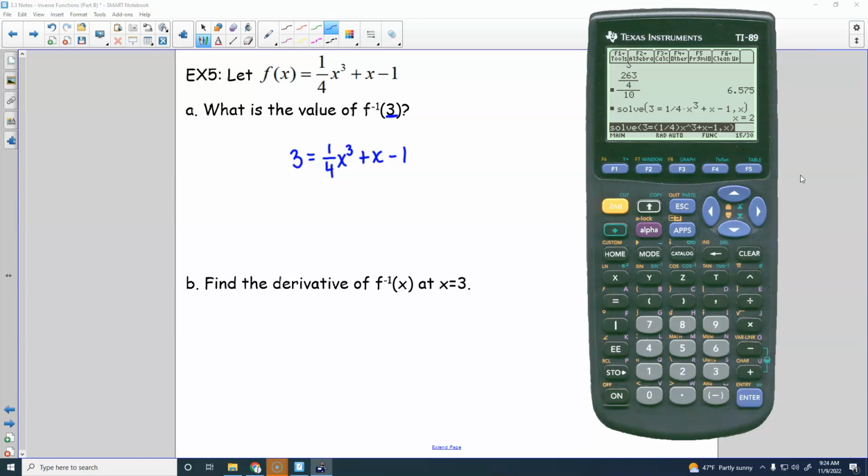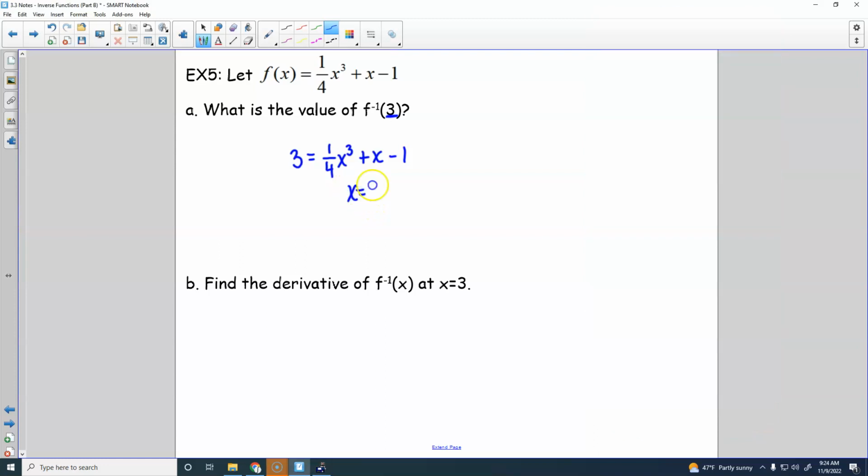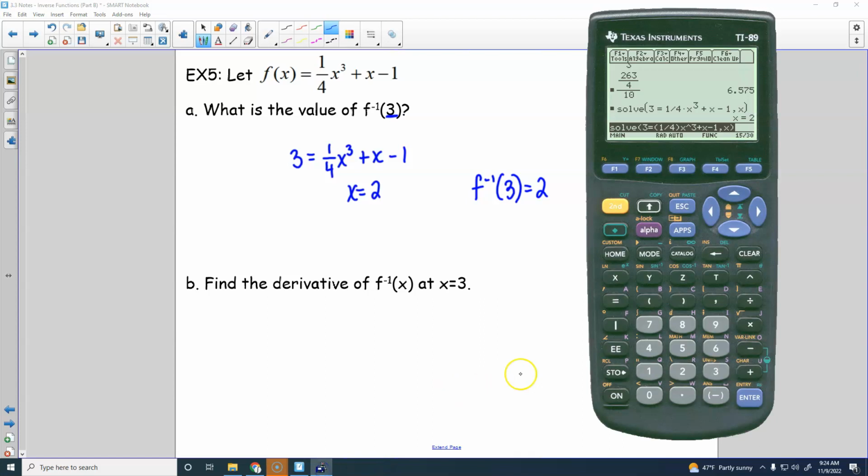That's perfectly fine. So here x would equal 2. So f inverse of 3 is 2. But on the homework, it's okay with me if you use your calculator for those.